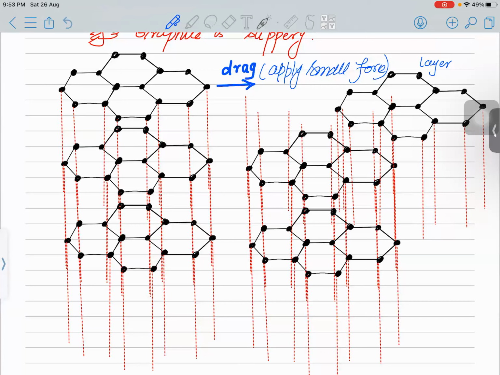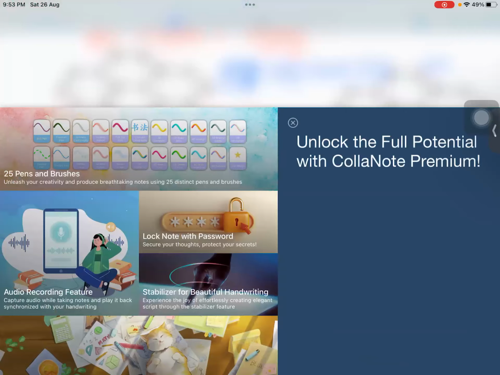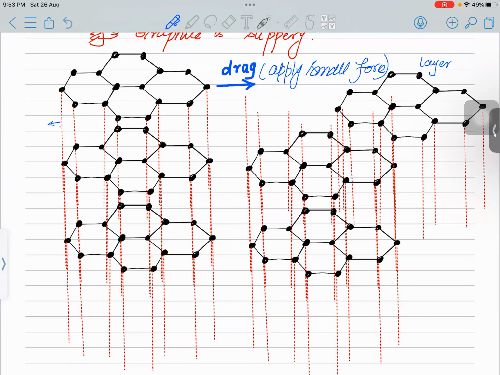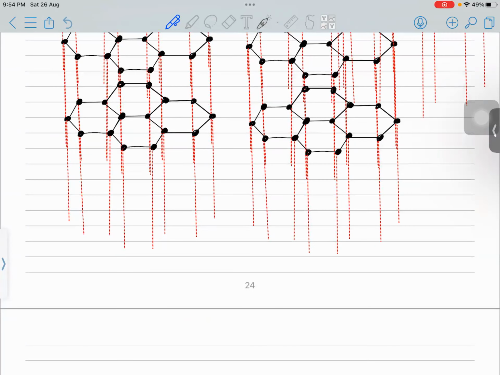This is because of the weak forces, van der Waals forces. When you drag, you overcome the van der Waals forces, that's why it moves. Why do the layers move? Because of the weak van der Waals forces.